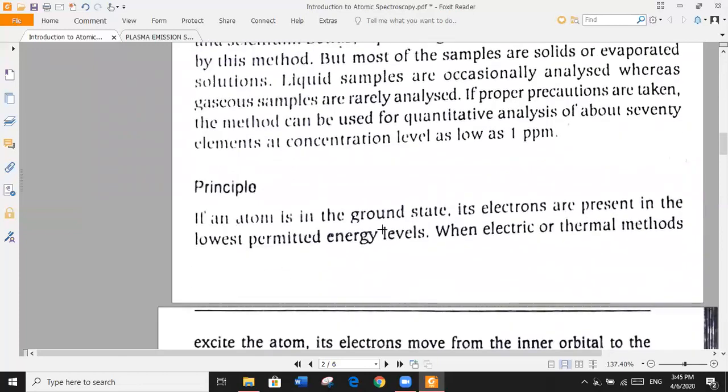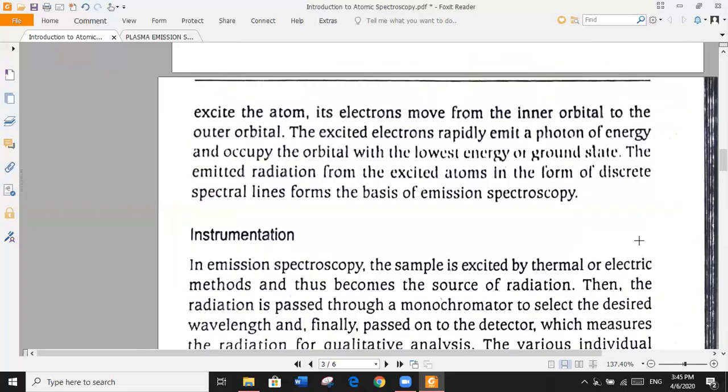If an atom is in the ground state, its electrons are present in the lowest permitted energy levels. When electric or thermal methods excite the atom, its electrons move from the inner orbital to the outer orbital. The excited electrons rapidly emit a photon of energy and occupy the orbital with the lowest energy, the ground state.